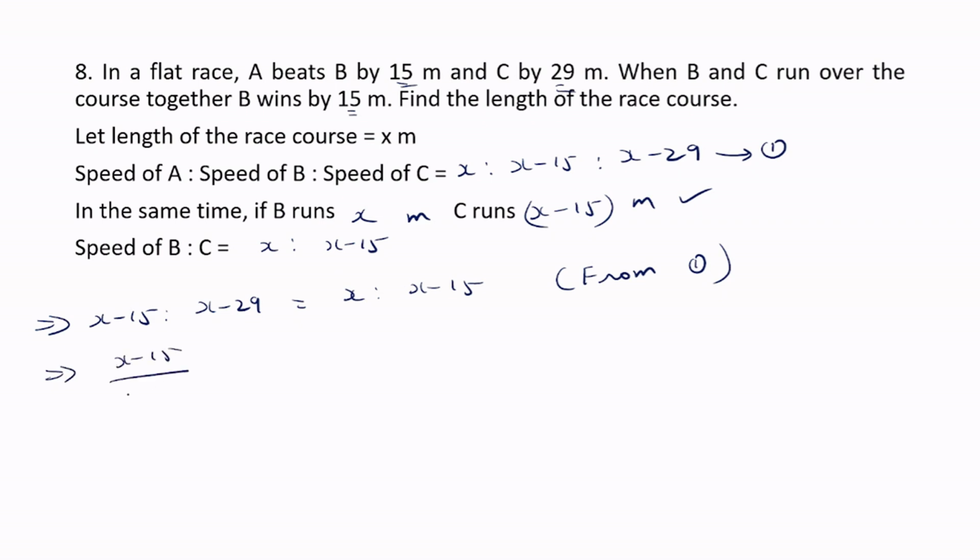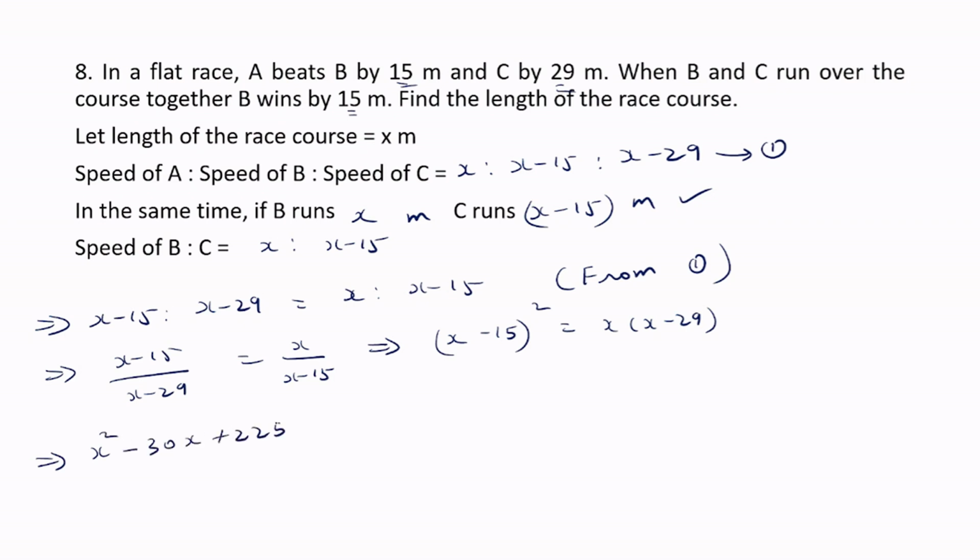Or x minus 15 by x minus 29 equal to x by x minus 15. Let us cross multiply. X minus 15 into x minus 15 will be x minus 15 the whole square equal to x into x minus 29. So x minus 15 the whole square is x square minus 30x plus 15 square, 225. This is equal to x square minus 29x.